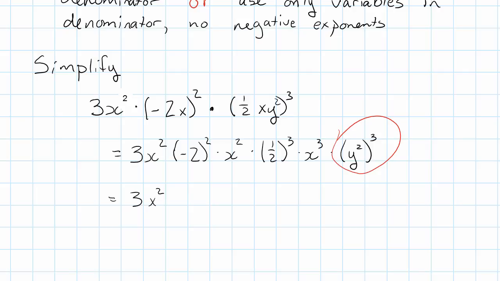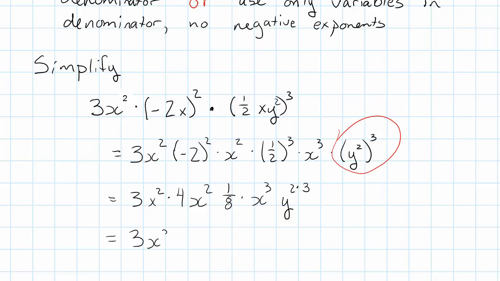Negative 2 squared means negative 2 times negative 2, which is positive 4. X squared stays put. A half cubed is a half times a half times a half, which is an eighth. X cubed stays put. Y squared to the third is y to the 2 times 3.